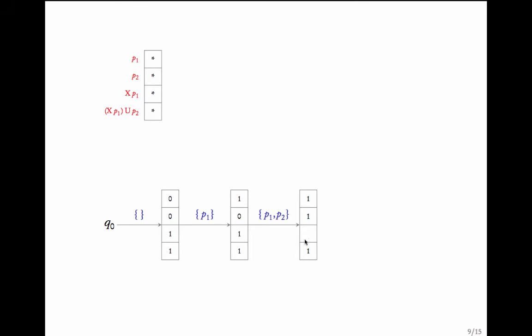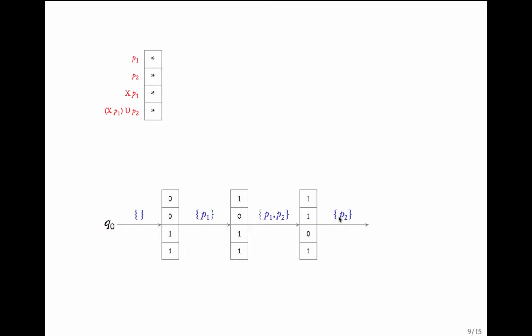Okay. Now what about this position here? This is a guess about the next letter. So here you can either say 0 or 1. And we have assumed it is 0. Since we have assumed this to be 0, the next transition should not contain P1.